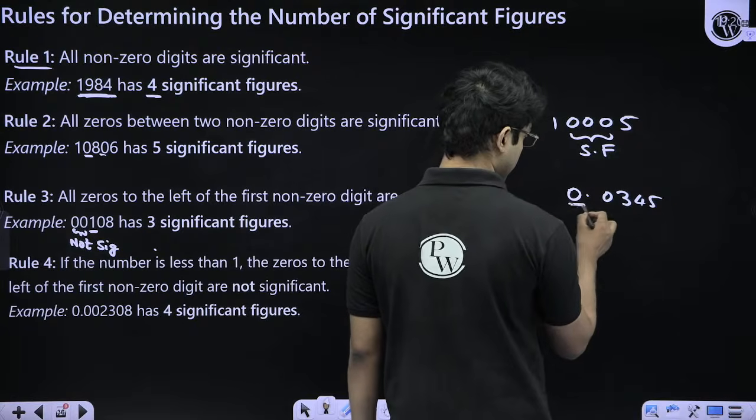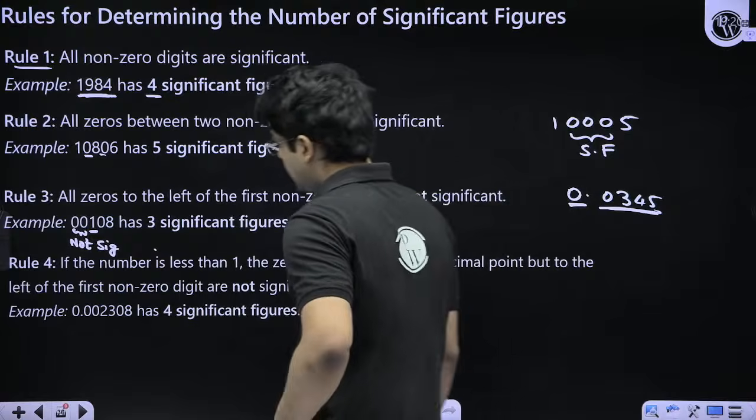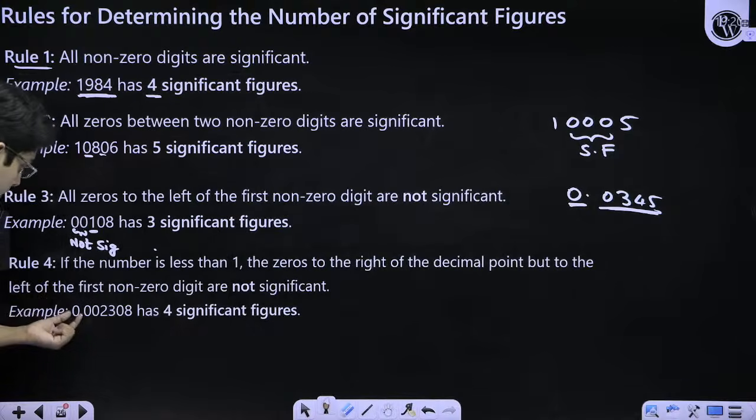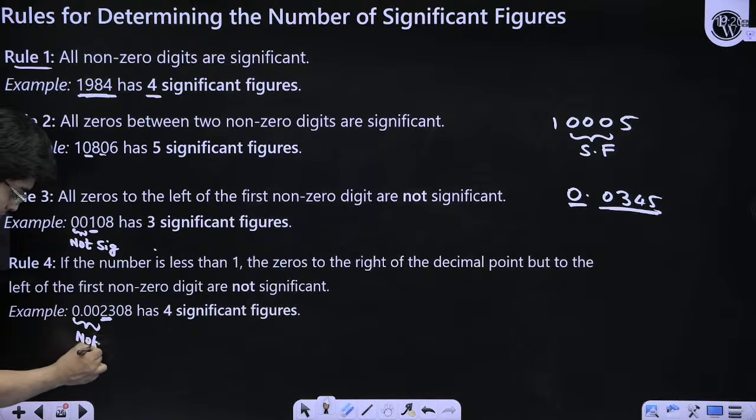This will be a 0, and on the right side you can have anything, right? So here there is an example given, 0.002308, right? So here the thing is, 2 is the first non-zero digit. Any 0 that comes to the left of it is not going to be significant. Okay.